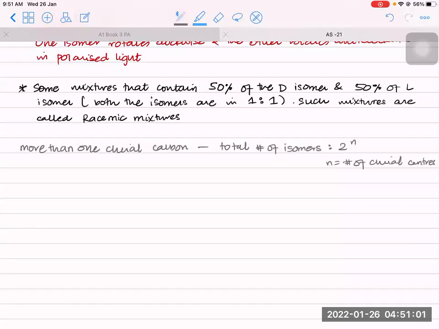Likewise, if you have more than one double bond that is capable of showing geometric isomerism, the total number of isomers would again be 2 to the power n, where n here is the number of double bonds that can show cis trans.